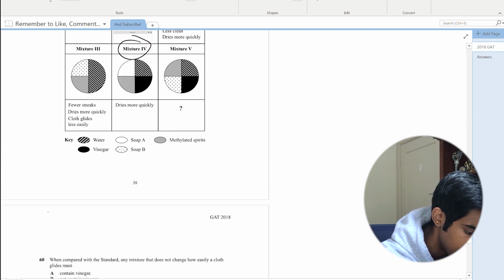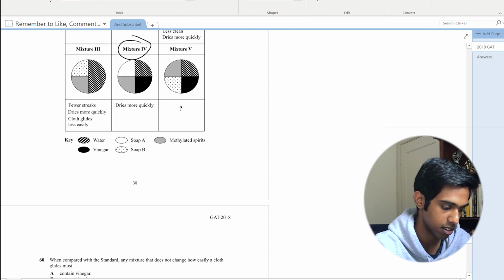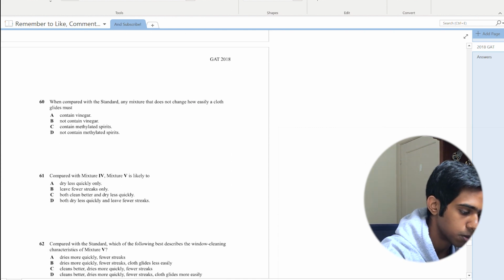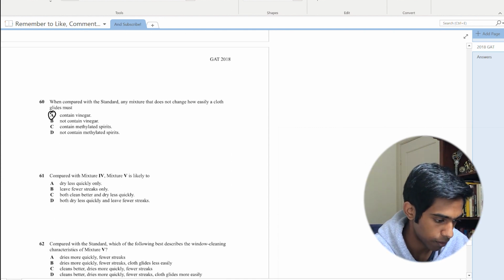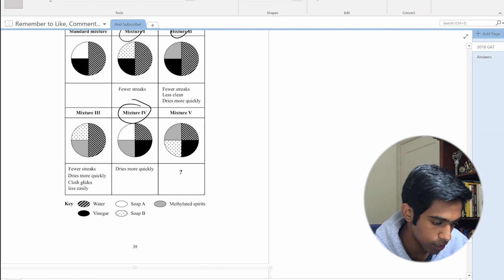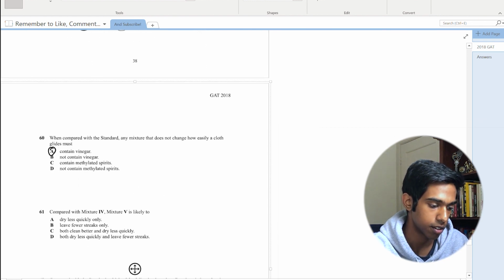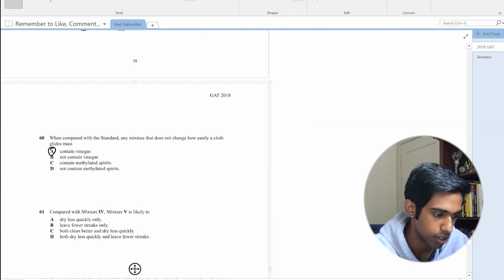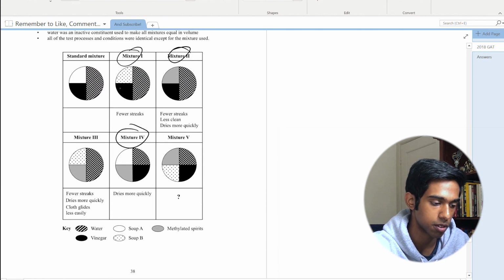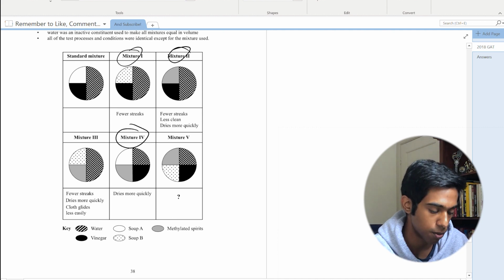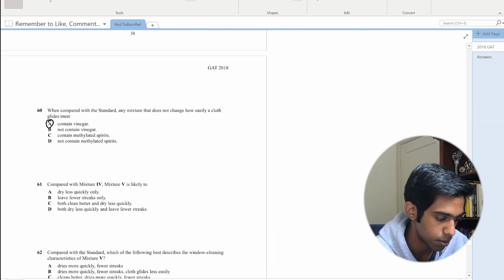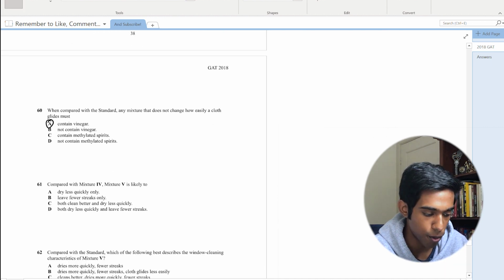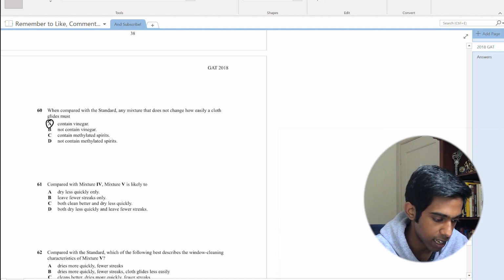So contain vinegar, I don't know what happened there. Contain vinegar would probably be right. We'll have a look at methylated spirits as well, but no, they have different methylated spirits. So this one here doesn't have methylated spirits, but 2 and 4 do. So it wouldn't be about methylated spirits. Compared with mixture 4, mixture 5 is likely 2.